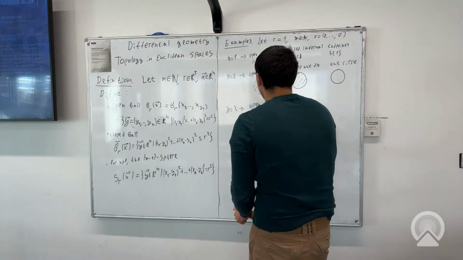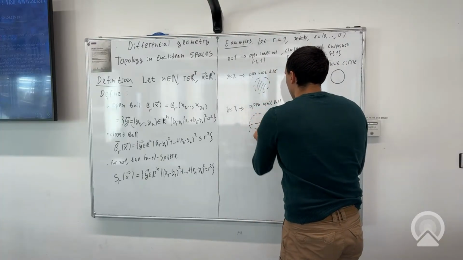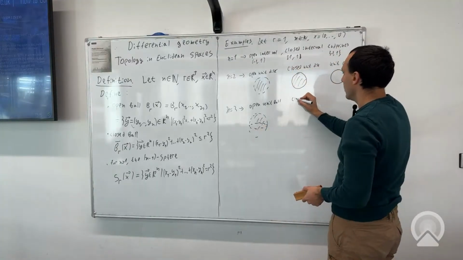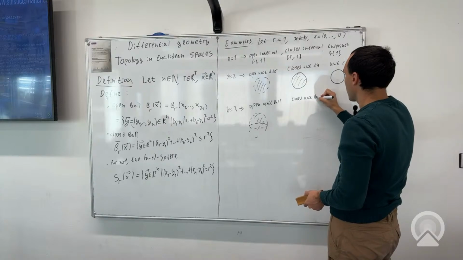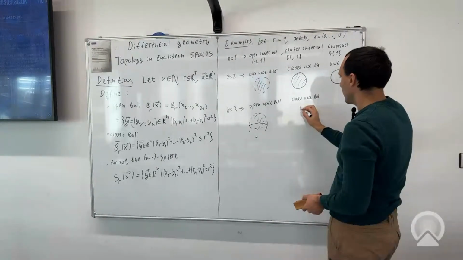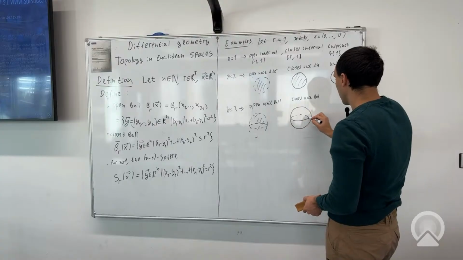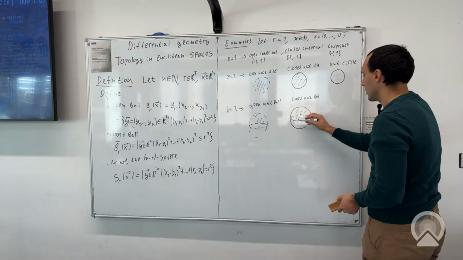So we have all the interior, but without the boundary. The closed unit ball, we have this time the boundary, and again with everything inside.